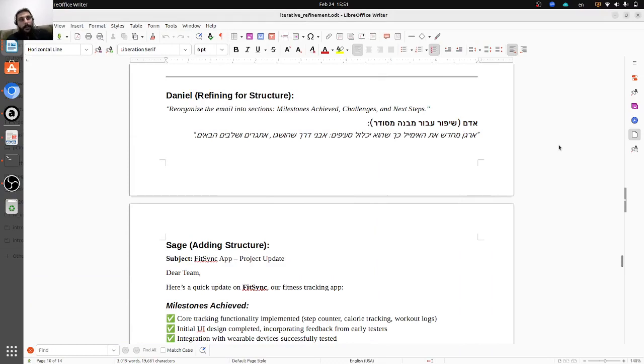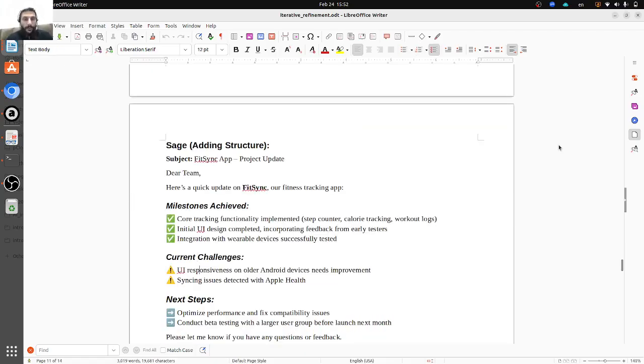So in the next iteration, Daniel wants to improve the structure of the email. So he asks Sage to reorganize it and to include 3 sections: milestones achieved, challenges, and next steps. Now, if we take a look at the new version of the email generated by Sage, we see here that it did what it was asked to do.